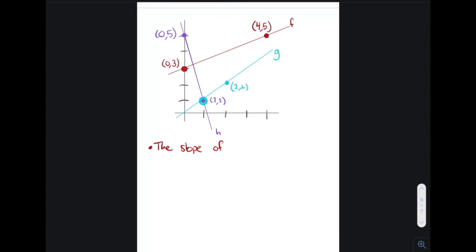Let's calculate the slope of f. The change in the y value is 5 minus 3, which is 2, over the change in the x values, 4 minus 0, which is 4. So we'd end up with a slope of 2 over 4, which is a slope of 1/2.